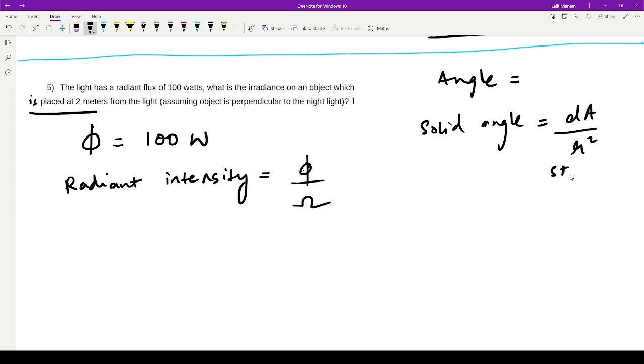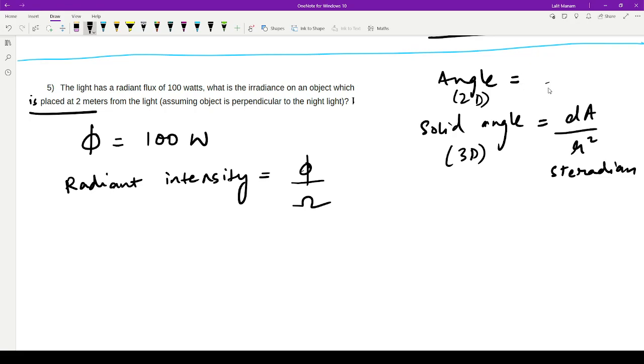This is the definition for steradian. What is the usual definition of angle in radians? This is the three-dimensional equivalent of angle. Angle exists in 2 dimensions: small arc divided by radius.